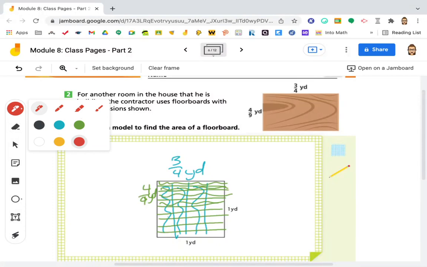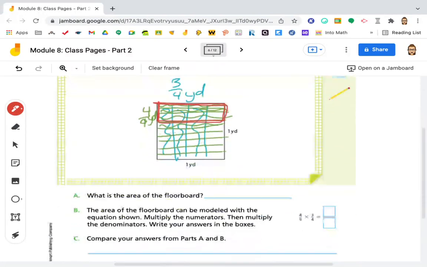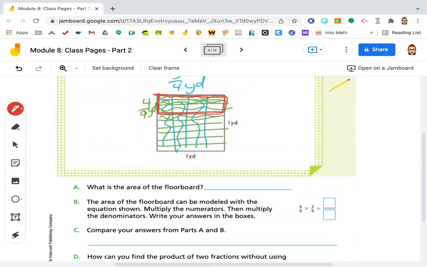So when we get to that point, we're looking at this section. What is the area of the floorboard? Well, we would have 1, 2, 3, 4, 5, 6, 7, 8, 9, 10, 11, 12 out of 36, because we split in 4 this way and 9 this way. So 12/36 yards squared.